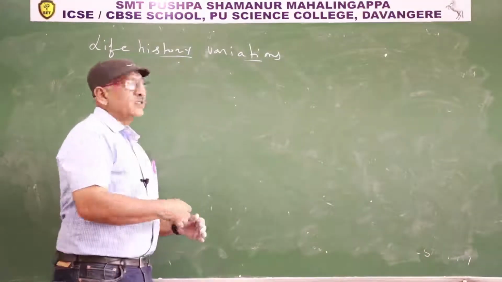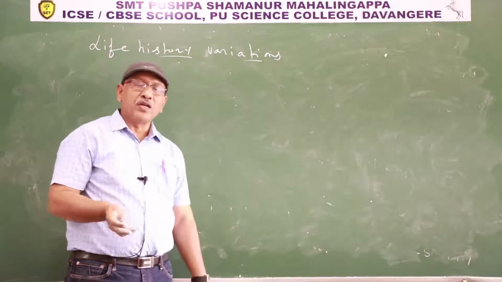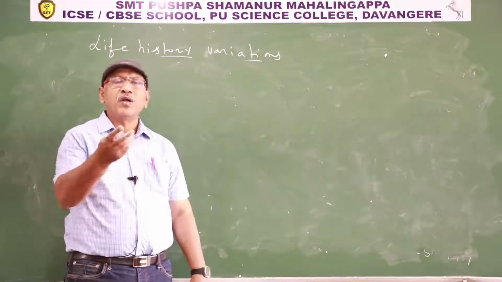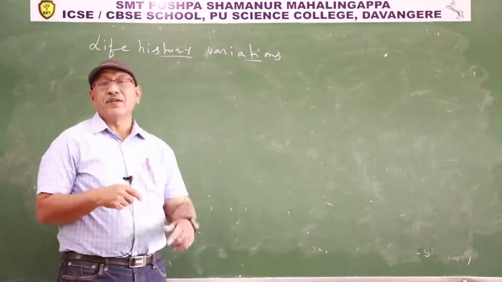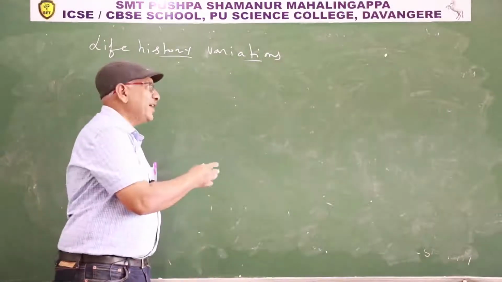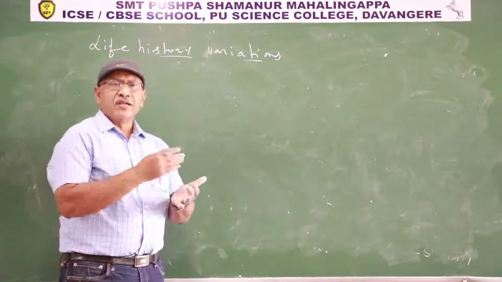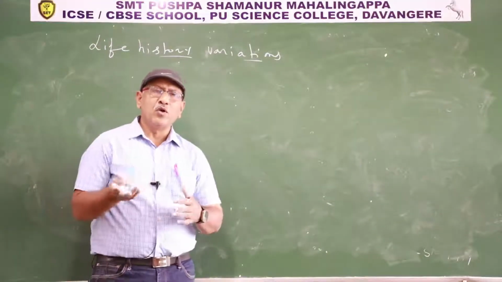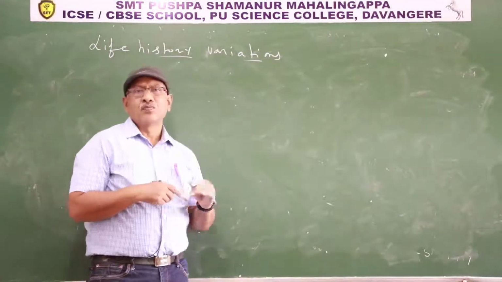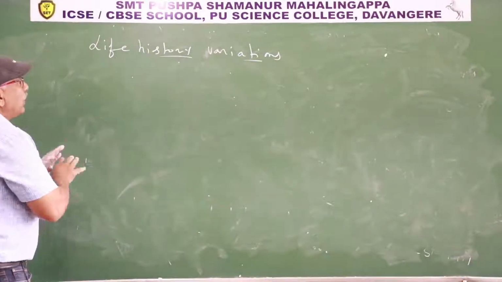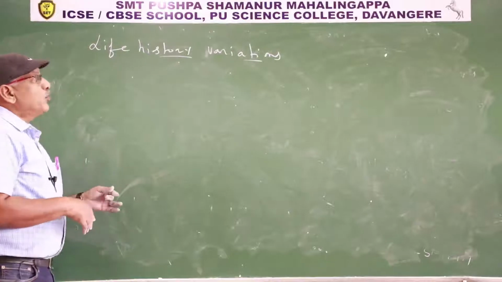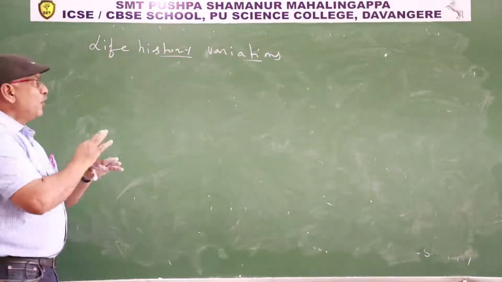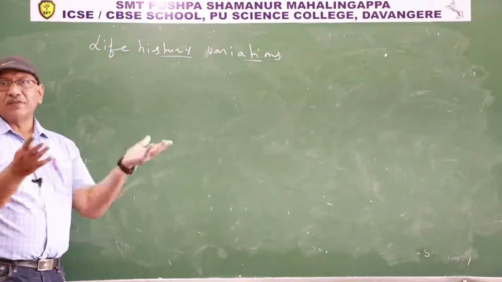That means all organisms, during their reproductive period, produce a larger number of offspring. We may call it Darwinian fitness. Every organism tries to produce more offspring, but even though the organism produces more offspring, there is variation in life history.